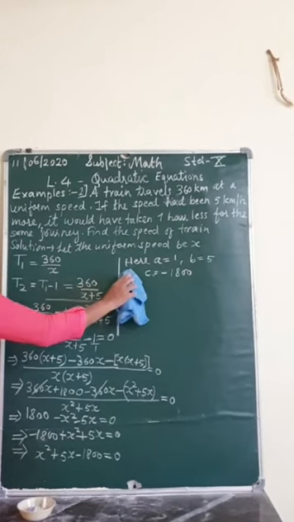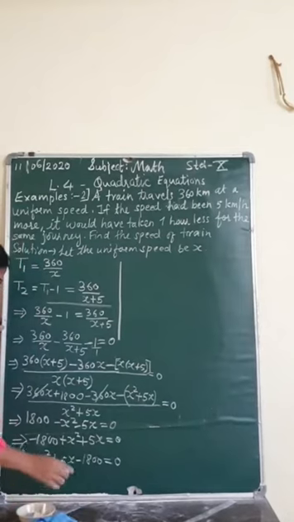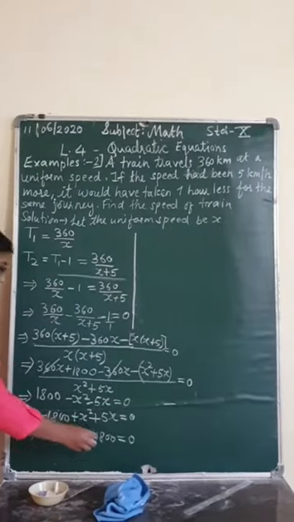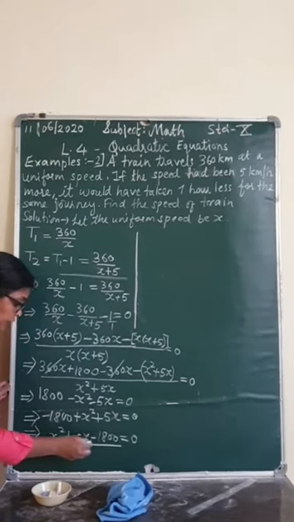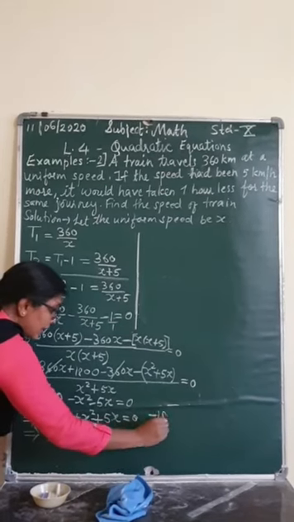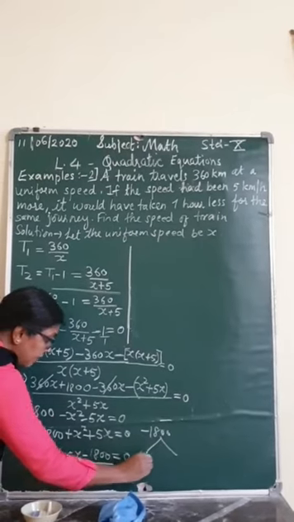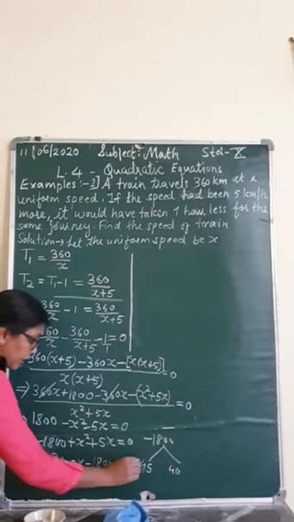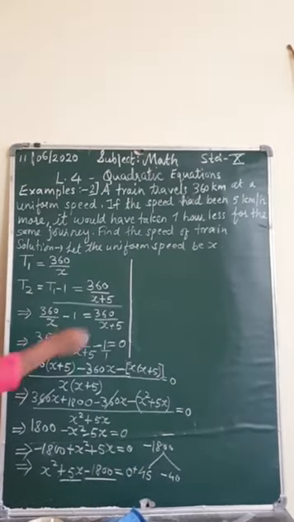So here instead of using the quadratic formula to find the roots, we can use the factorization method to find the roots of this quadratic equation. First of all, we will find the factors of minus 1800 which should give the sum as plus 5. The factors of this are 45 and 40. Sign of the middle term is plus, so the greater factor will get the plus sign and the other factor will get the minus sign.